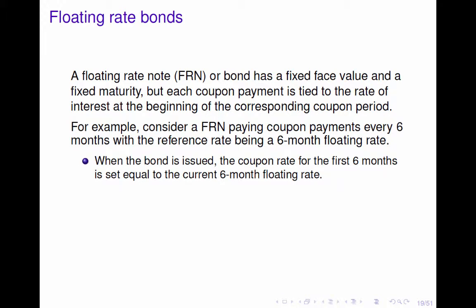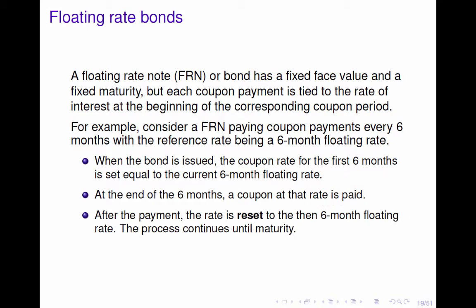When the bond is issued, the coupon rate for the first 6 months is set equal to the current 6-month floating rate. At the end of the 6 months, a coupon at that rate is paid. After the payment, the rate is reset to the then 6-month floating rate. The process continues until maturity.